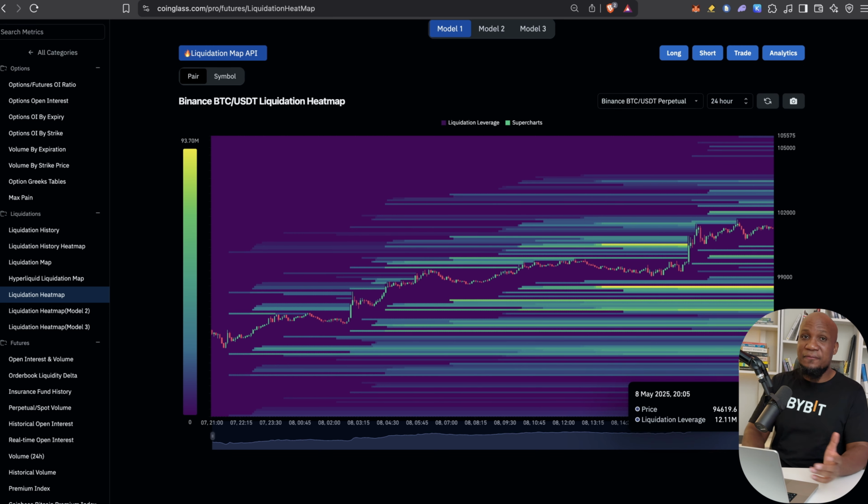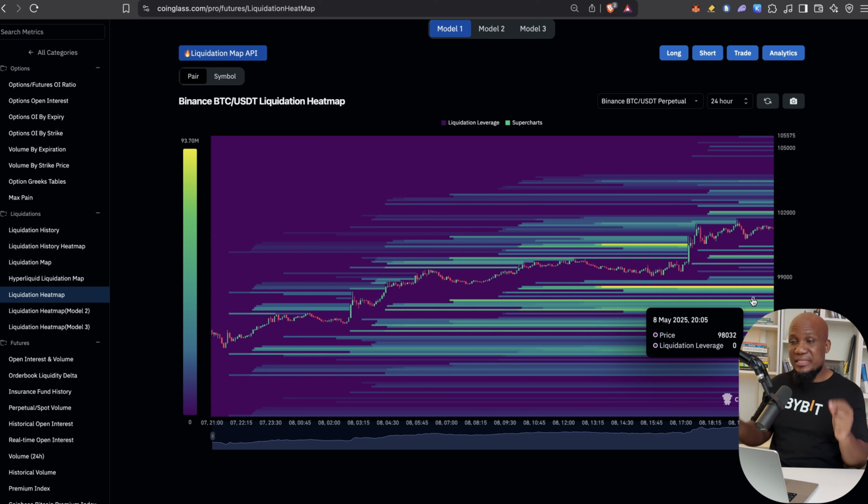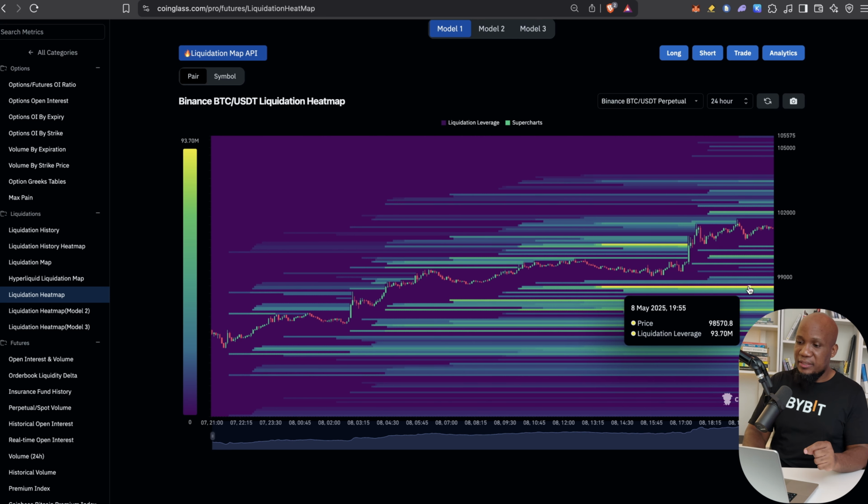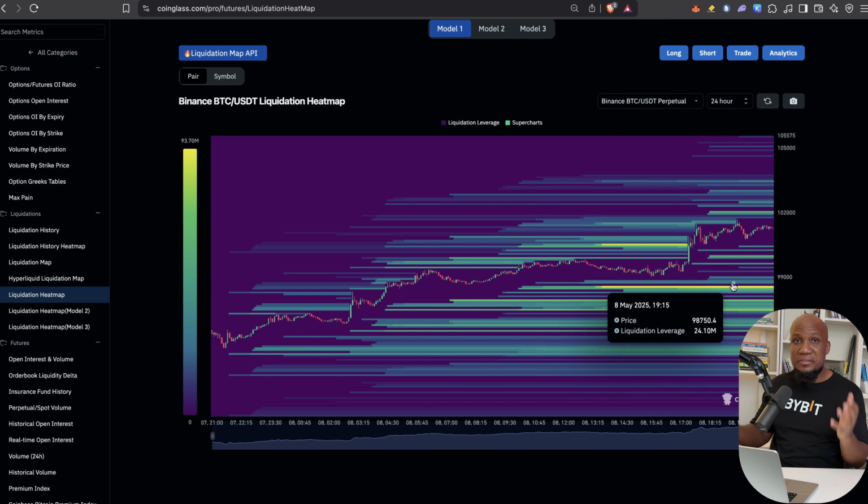And unfortunately, for those of you who are bullish, the next point of interest at this key moment is right here at 98,500. The market is calling for 98,500, not me. So there's a high probability that the market can come to this specific price point.